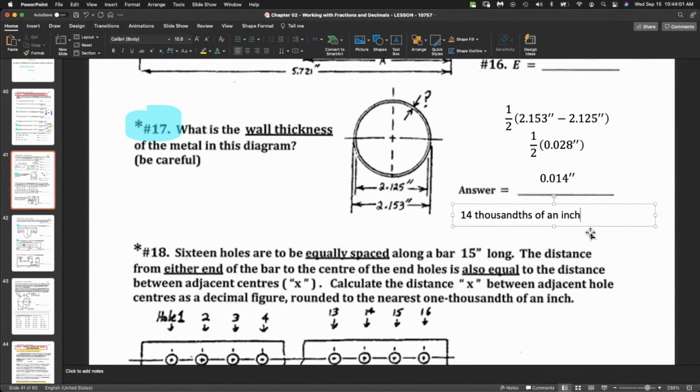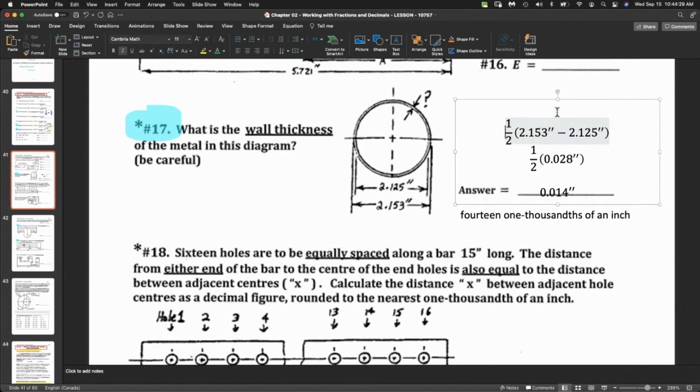Okay, good. In this case, I actually wrote the answer in English as well. I guess I can say it fully in English. The reason that you divide by 2 is because the difference between these two measurements is 2 wall thicknesses. See that? There's a thickness here and a thickness there. I can set it up as an equation if you prefer.